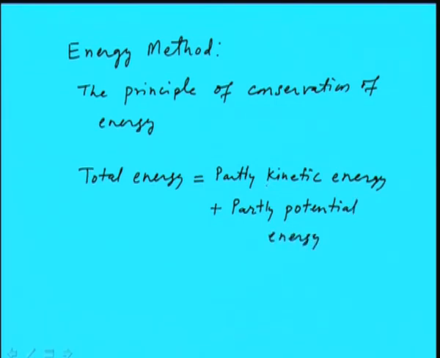The kinetic energy is stored in the system in the form of velocity, and the potential energy is stored in the form of either strain energy or work done against some field, like a magnetic field or gravity field.